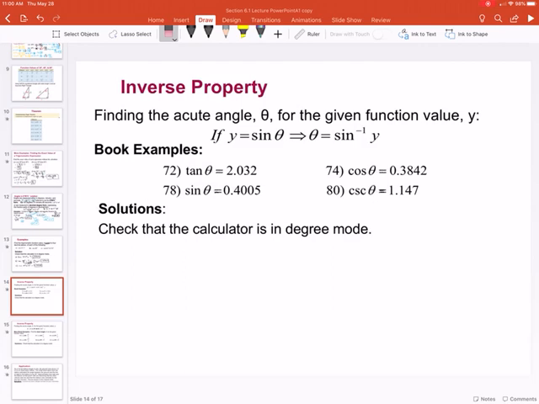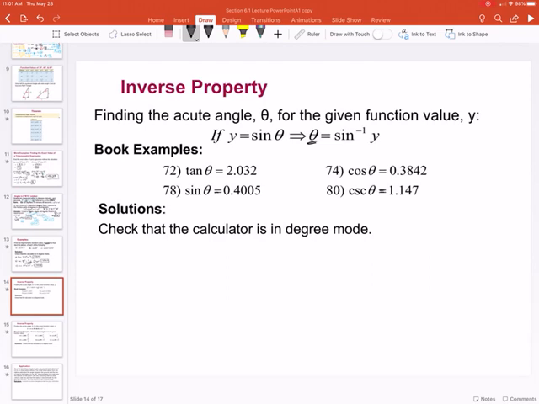All right, looking at our inverse property. I want to show you the application of inverses. It says finding the acute angle measurement, say theta, for the given function value y. If y is equal to the sine of angle theta, then theta is equal to sine inverse of y.